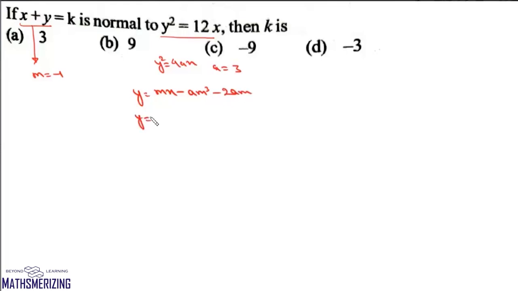So we can write this equation as y equals, now m is minus 1, so it will be minus x, and then m³ gives minus minus, which is plus, and then a is 3, and then plus 6. So we can write this equation as x plus y equals 9. So that means the value of k is simply 9, and that's your option number B.